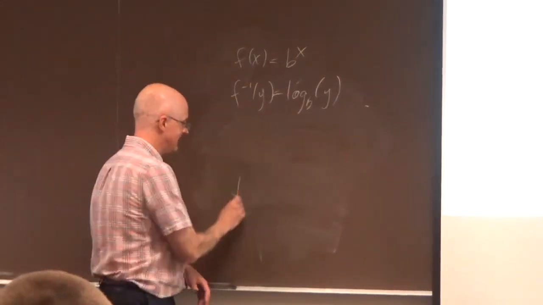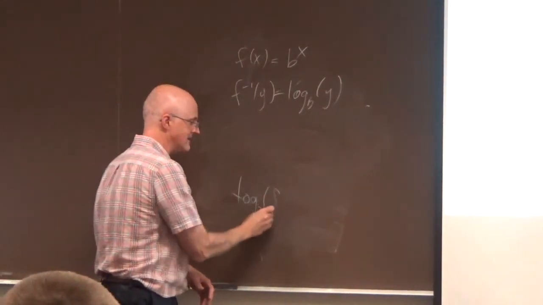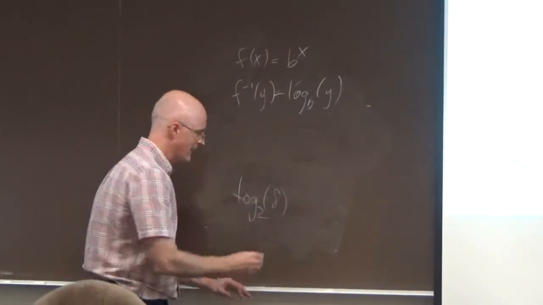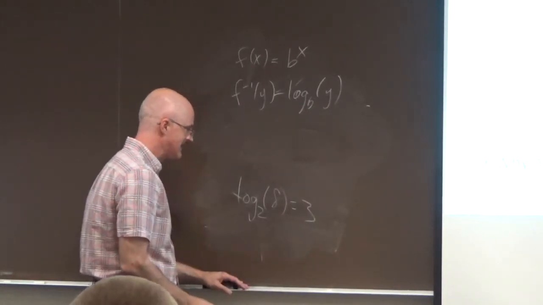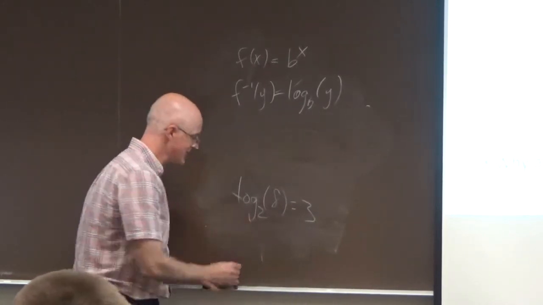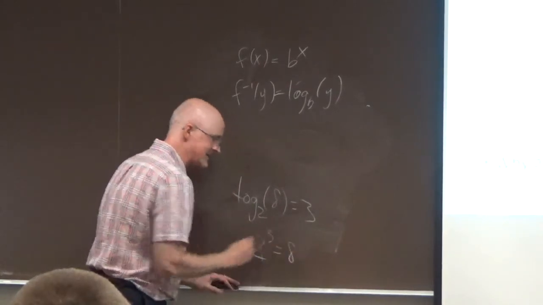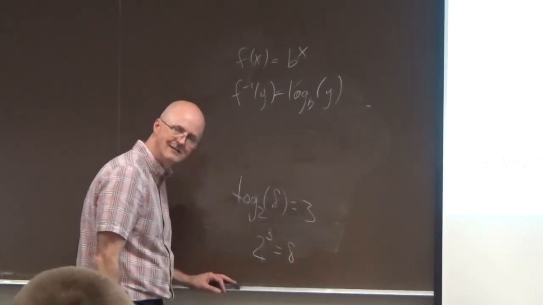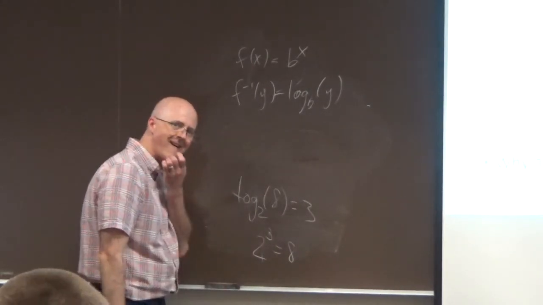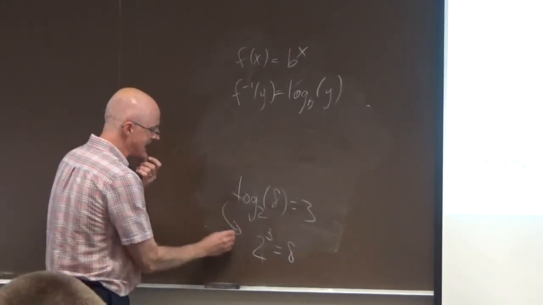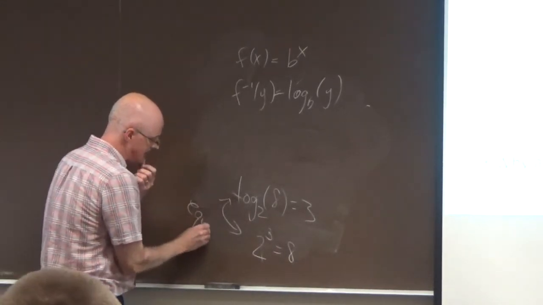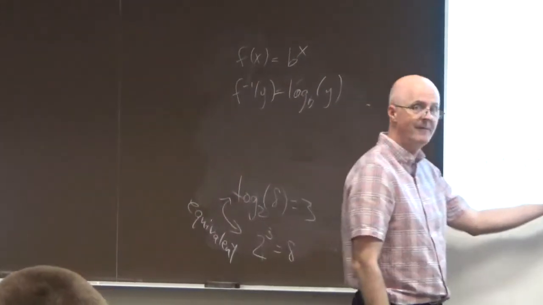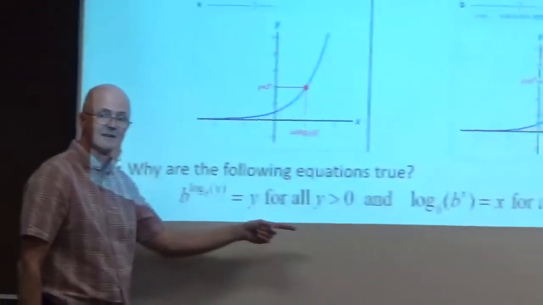What's log base 2 of 8? 3. Why? Because 3 is the number you have to raise 2 to get 8. The equivalent exponential equation is that. x is like the 3, 8 is like the y. These mean the same thing, equivalent. But why are these equations true in general? I asked you for a reason.